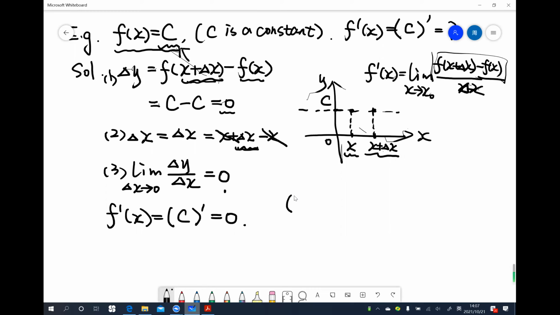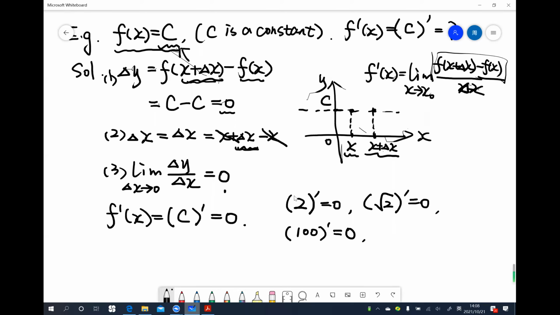For example, the derivative of the constant 2 equals 0, and the derivative of the constant square root of 2 also equals 0. And the derivative of the constant, maybe 100, also equals 0. So this is the first example.